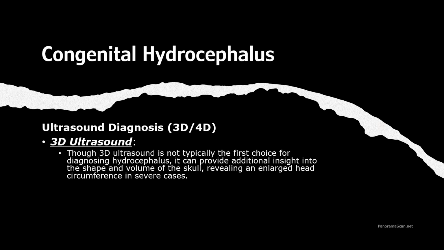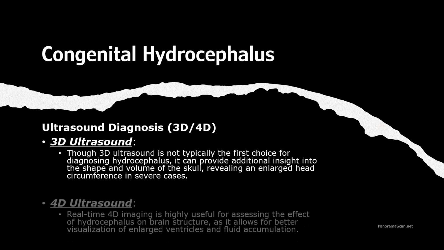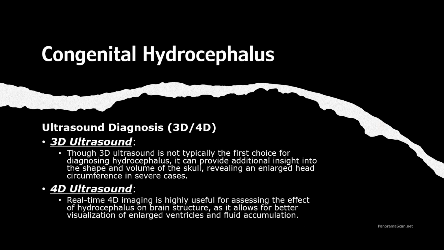ventricular enlargement. Moving to 4D ultrasound, this modality offers real-time imaging, making it particularly useful for evaluating the structural impact of hydrocephalus. It allows us to visualize the enlarged ventricles and the accumulation of cerebrospinal fluid more effectively.